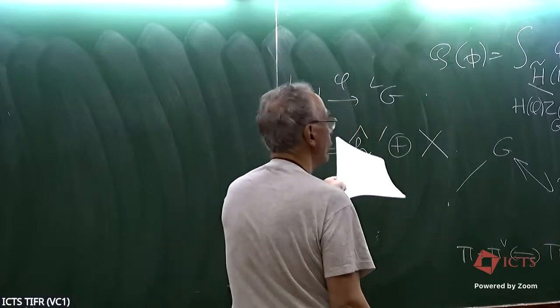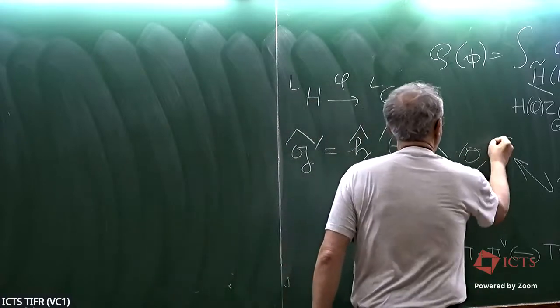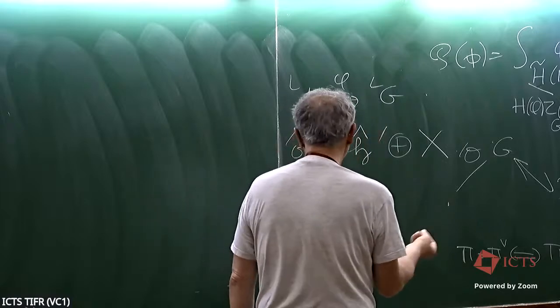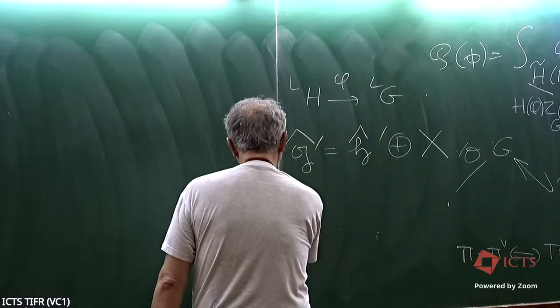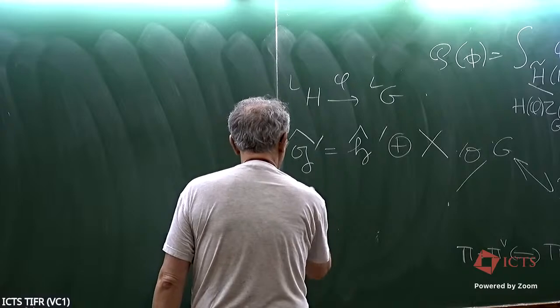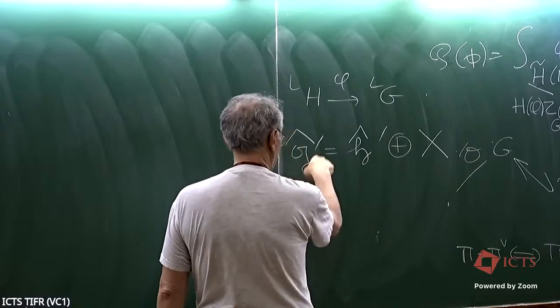This is valid over O. And in the particular case we are in, here we have SL2 plus SL2. This is the Lie algebra.